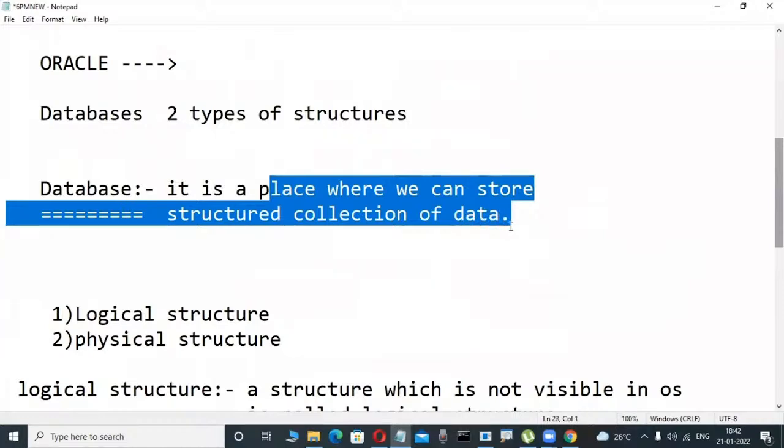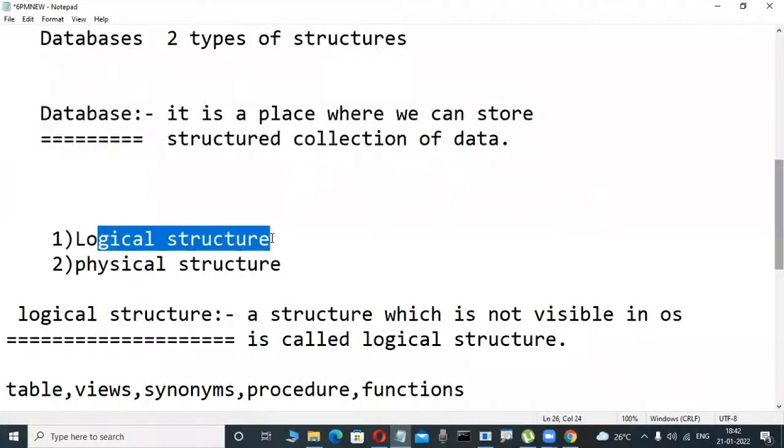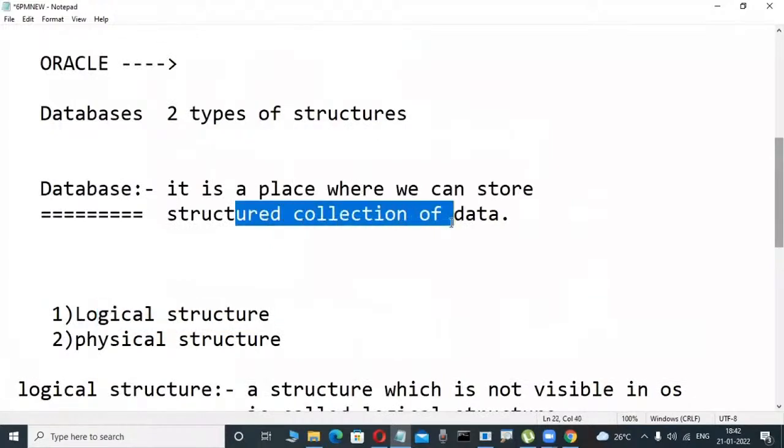If I tell that, I am immediately rejected. Why? Because this is a developer's definition. Developers are logically good. That is a table, which is nothing but a structured collection of data. They have an idea. That's why I am also telling structured collection of data.